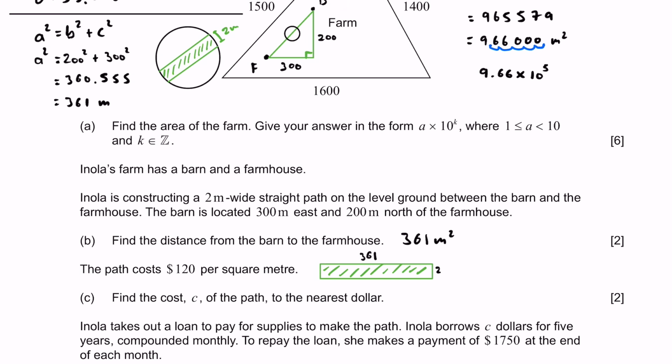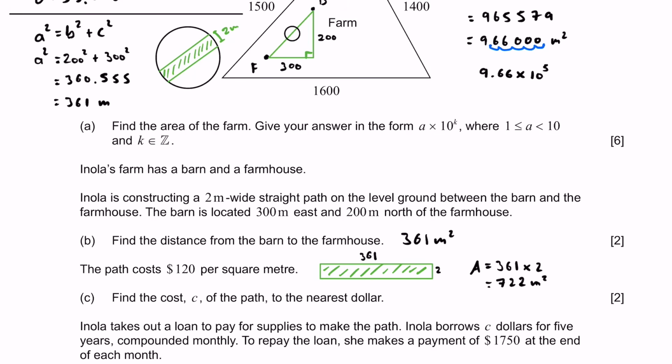Area of a rectangle is length times width. So we would have area equals 361 times 2, which would give us 722 meters squared. Okay, this is the area of this total path.